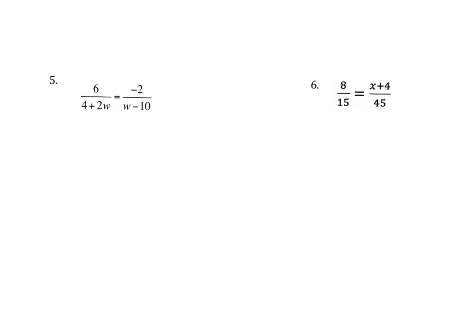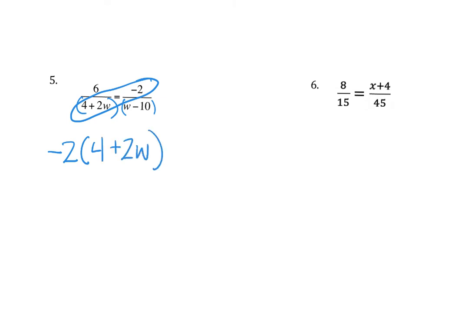All right, let's try another one. Number 5. 6 all over 4 plus 2w is equal to negative 2 all over w minus 10. Again, we're going to do the cross products property. And now remember that both of these have parentheses around them. So I'm going to have my negative 2 times 4 plus 2w.